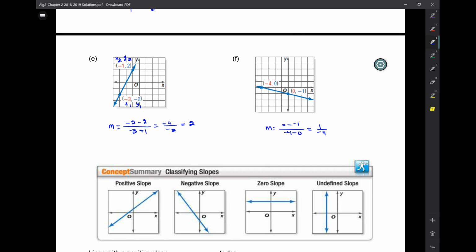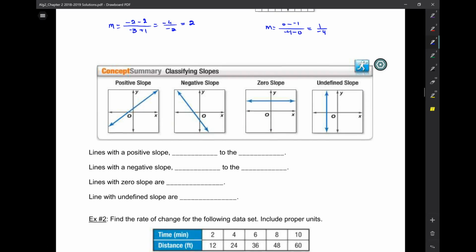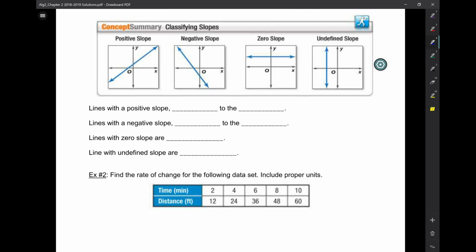It's a really good way to check yourself. If you look at a graph and it's going upwards and then your slope is negative, it's a good way to make sure you got it right or not. And that's exactly what I was going to say next. If you've got a line and it's going up or it's rising, but you calculate a slope and you got a negative number, you already know that you made a mistake.